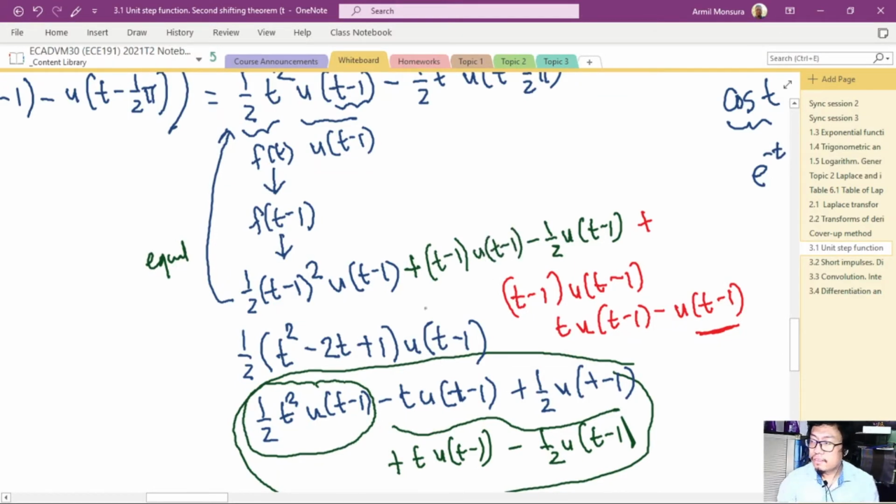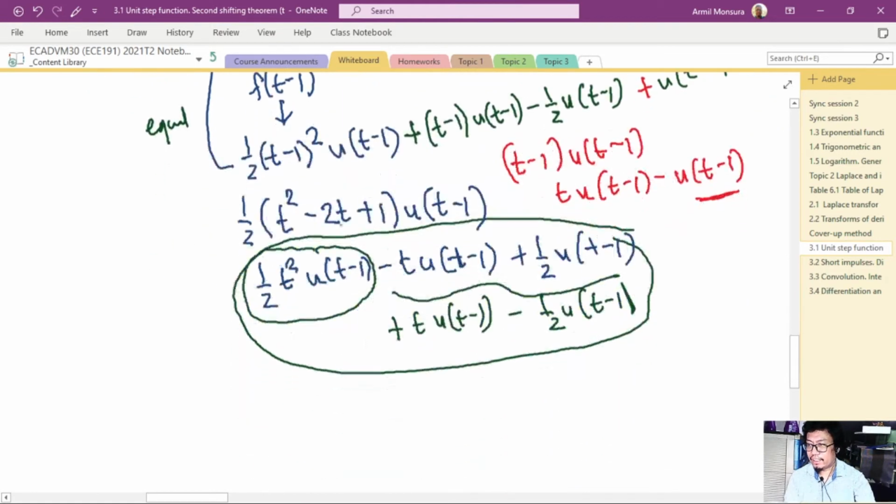But to maintain equality between these expressions, I need to add this term, this u of t minus 1 here. So that as you can see now, all of the terms here comply with equation 4, the formulation set by equation 4.